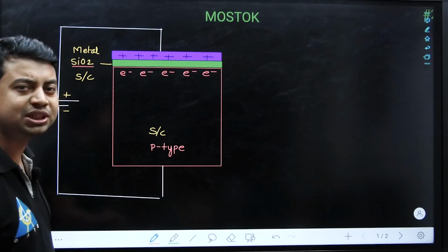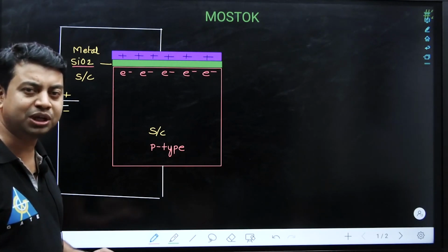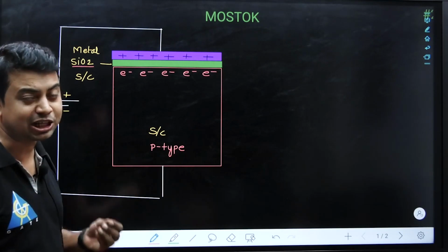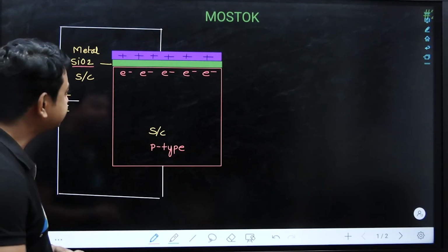That's why many times this particular metal oxide semiconductor may also be called an enhancement mode semiconductor or metal oxide semiconductor.